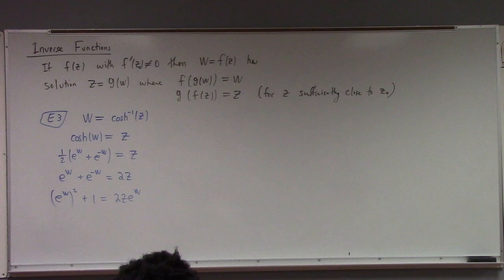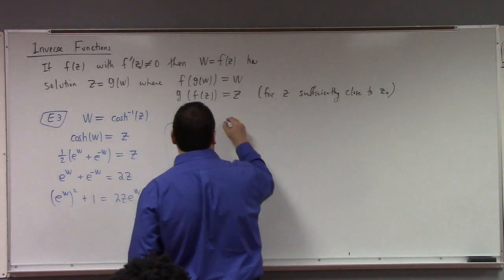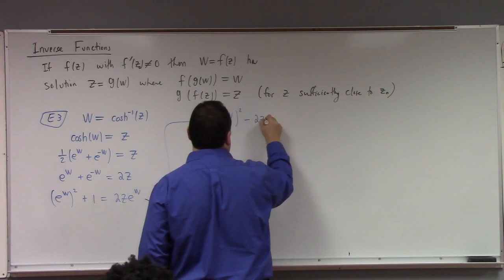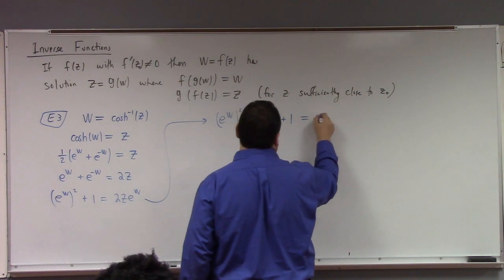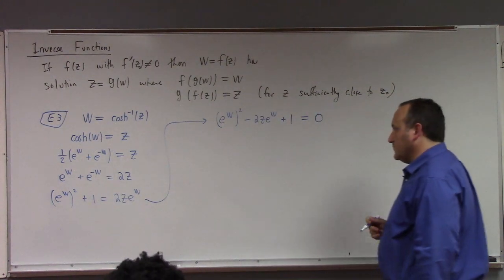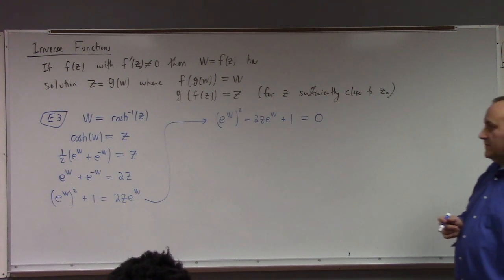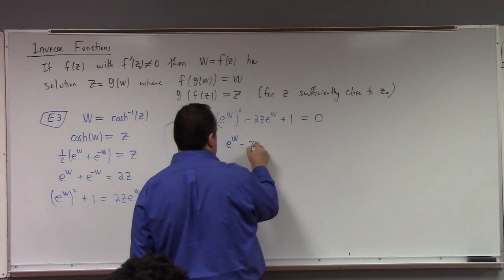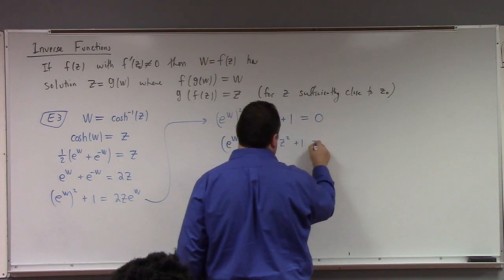Hey, that's starting to look like something. This looks like e to the w squared minus 2z e to the w plus 1 equal to 0. And then, well, complete the square. So this is e to the w minus z quantity squared plus z squared plus 1 equal to 0.